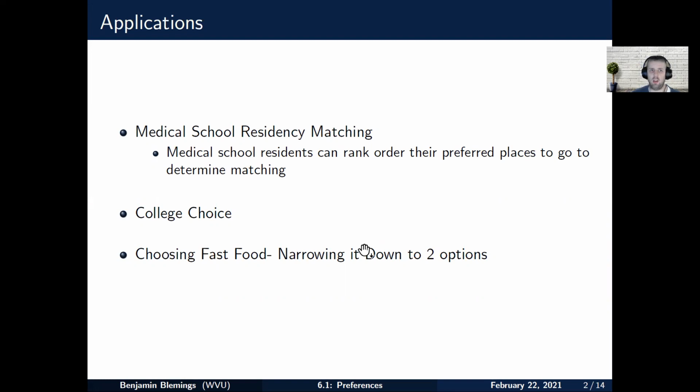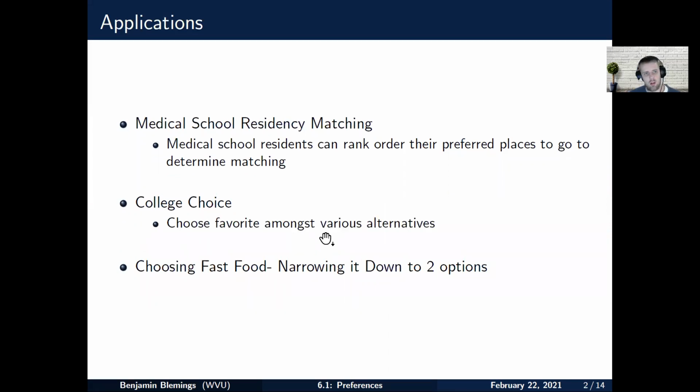With preferences, we really need to think about how we compare one bundle of goods or options to another bundle of goods or options. A couple applications for this would be medical school residency matching. When you're a doctor and they're trying to decide where you will go to do your residency, in medical school, you rank your preferences to determine where you are matched. Another one would be college choice.